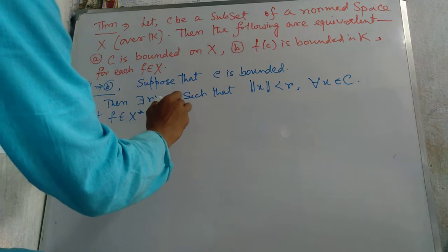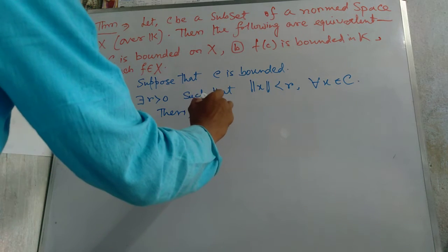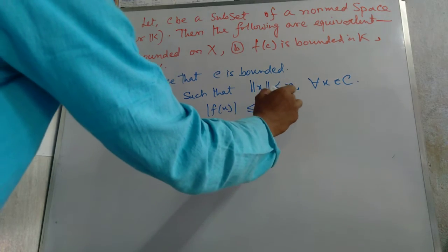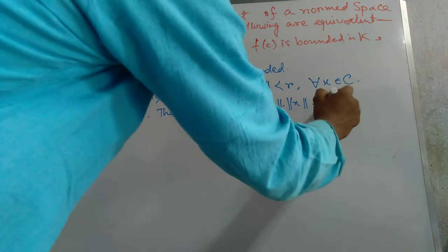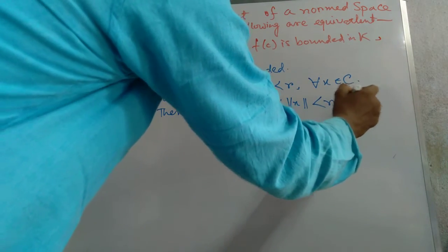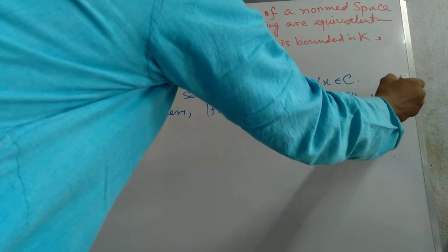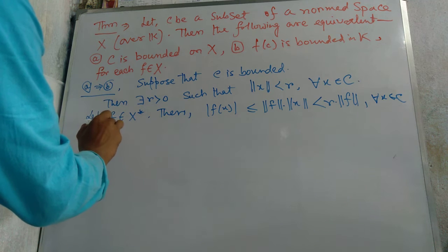Then |f(x)| is less than or equal to norm of f times norm of x, less than R times norm of f, for all x belonging to C. Hence f(C) is bounded.